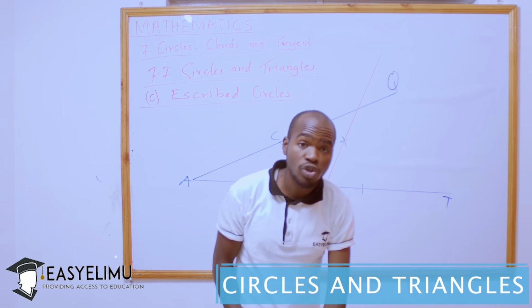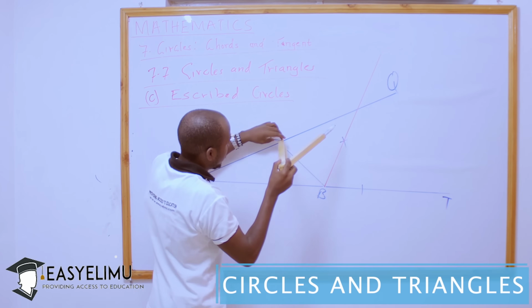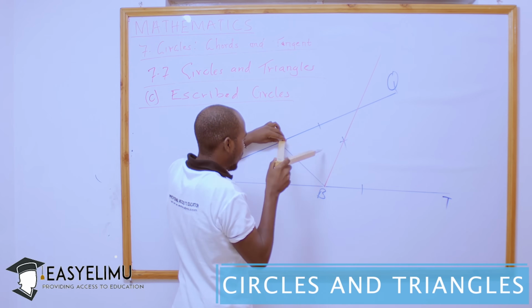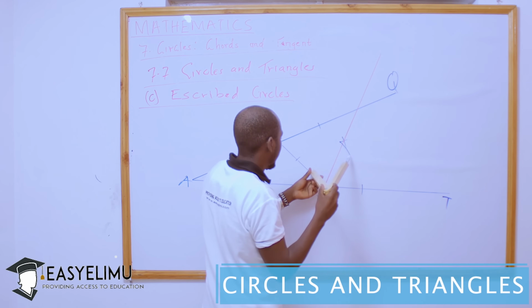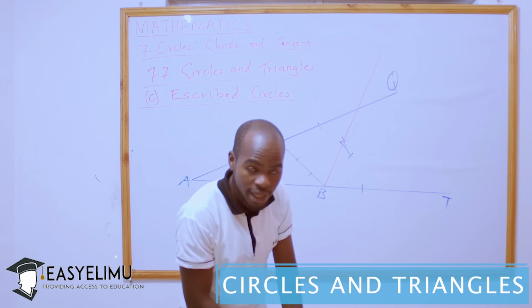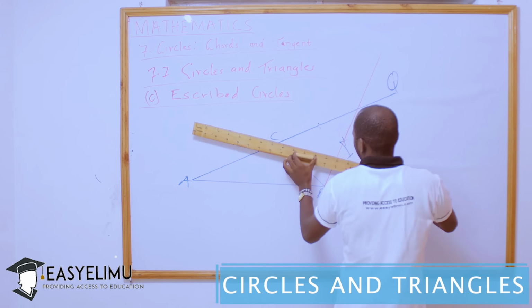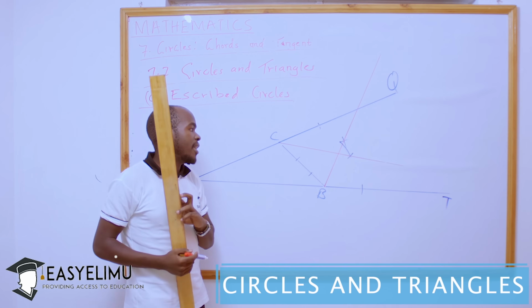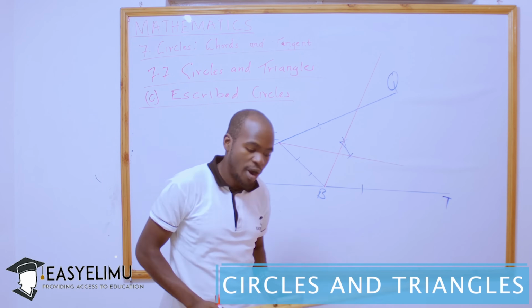Then we are going to construct the bisector of angle ACB produced, or angle QCB. I open any radius and bisect this angle, then using any radius again I draw two arcs at that center. Then I join the point where the two arcs meet with the produced angle, so I have that line there. That one is bisecting angle QCB for our case.